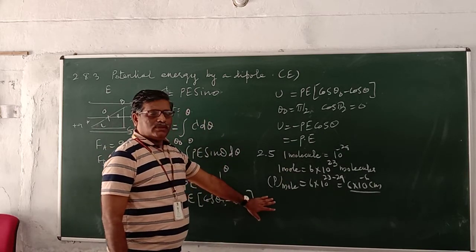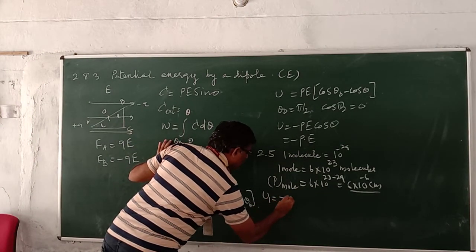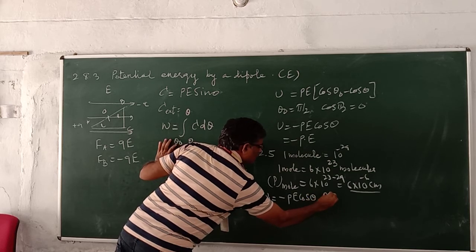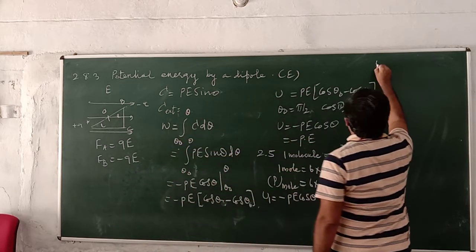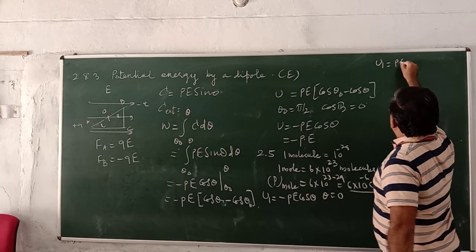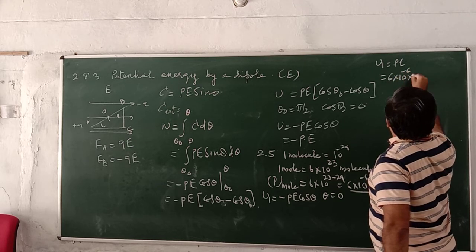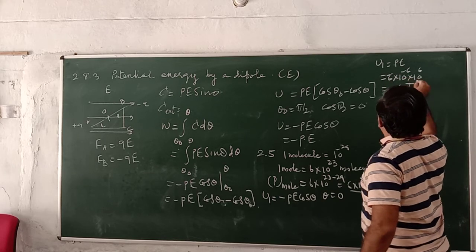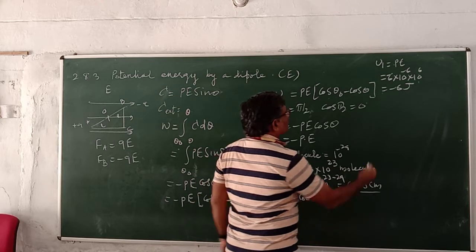Now, energy U1 is equal to minus PE cos theta. Theta is equal to 0, which gives U1 equal to minus PE, which is 6 into 10 raised to power minus 6 into 10 raised to power 6, it is minus 6 joule. U1 is equal to minus 6 joule.